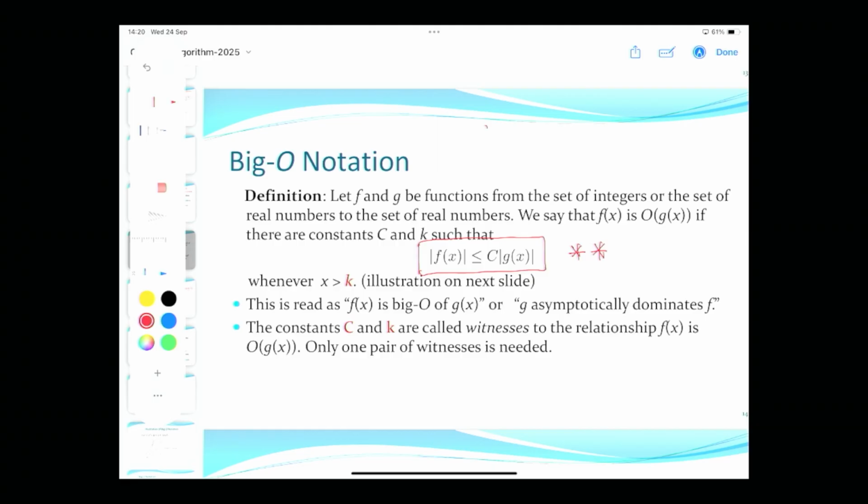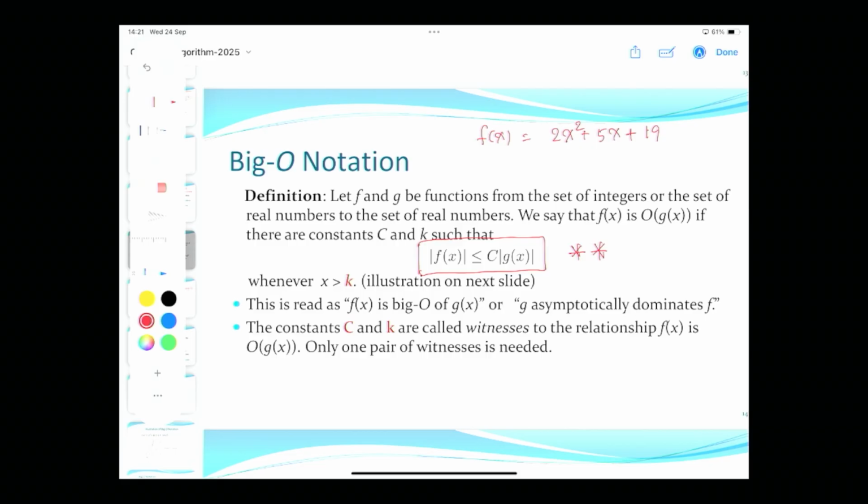Let's say f(x) is equal to 2x squared plus 5x plus 19, suppose something like this. The function f(x) may be complex or have many terms.